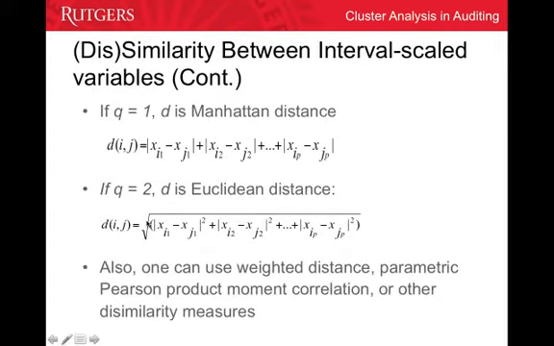Okay. Like if q equals 1, then the distance is the Manhattan distance. We just need to use the absolute difference between each attribute of these two data objects.